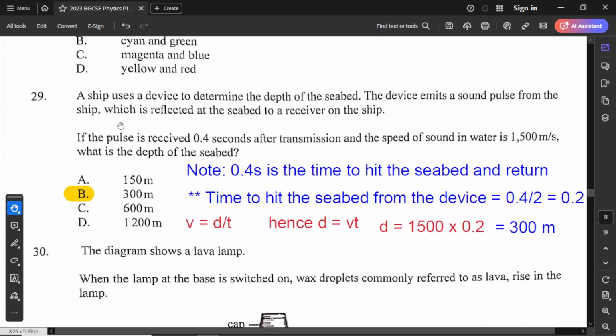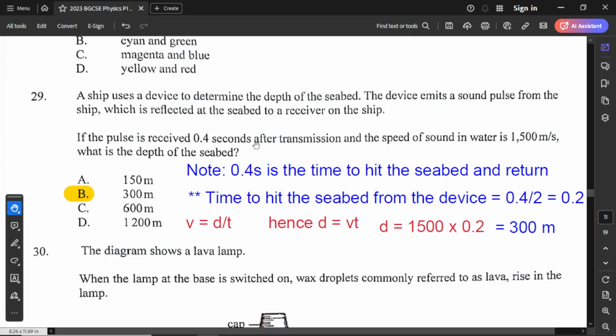Question number 29: a ship uses a device to determine the depth of the seabed. The device emits a sound pulse from the ship, which is reflected at the seabed to the receiver on the ship. I want you to notice that this impulse will go down and come back up. Just note this, because that's very important.